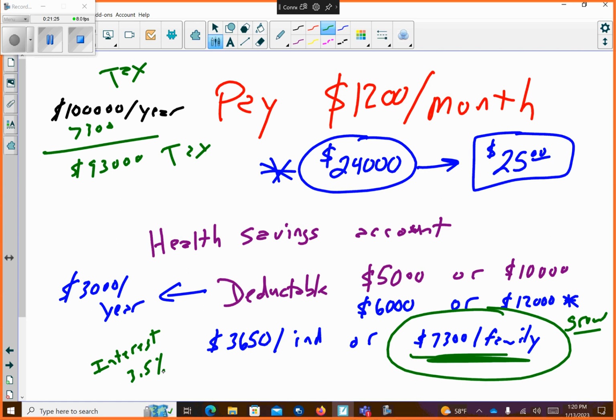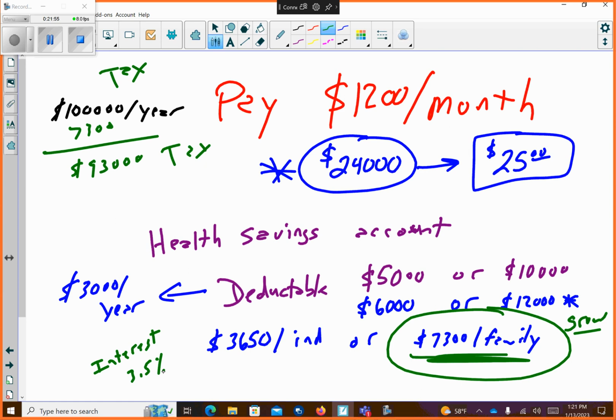Regular savings accounts in banks, up until recently, were like, oh yeah, you can earn 0.7% interest. 0.7% interest means it would take over 100 years for your money to double. That's really bad investing. 3.5%, if you wanted to do the math behind it, would take you about 21 years for your money to double. Again, it's not the best, but it is something.